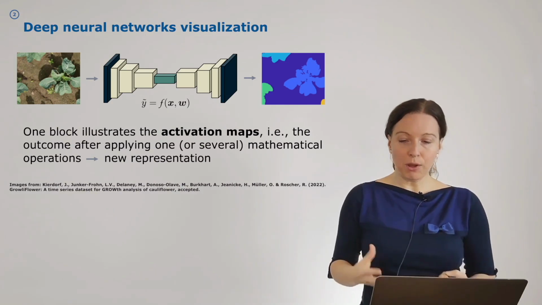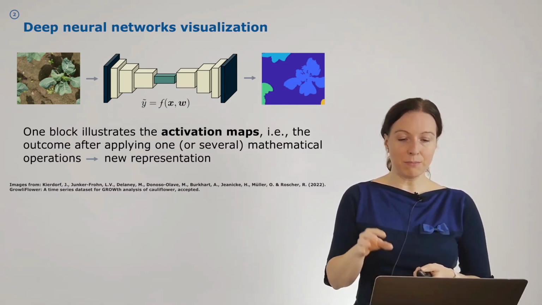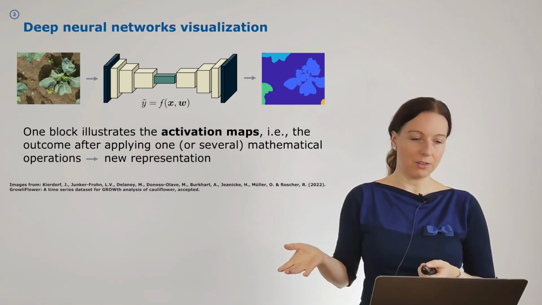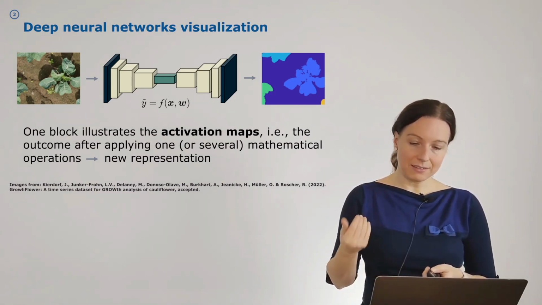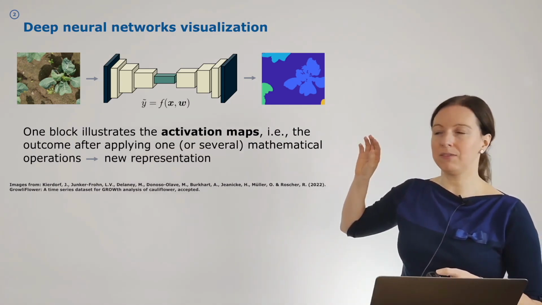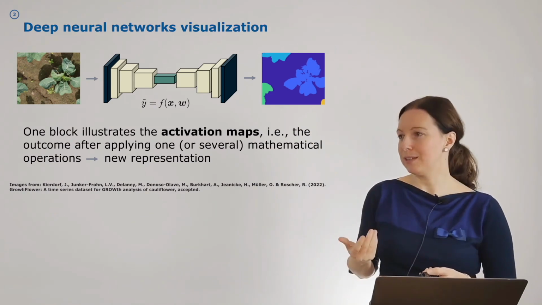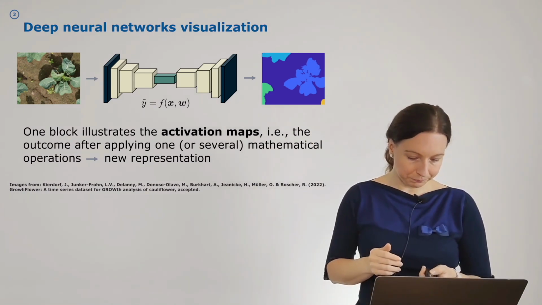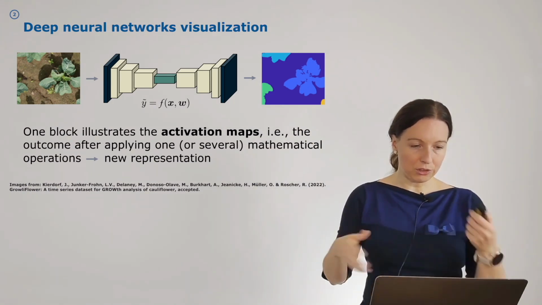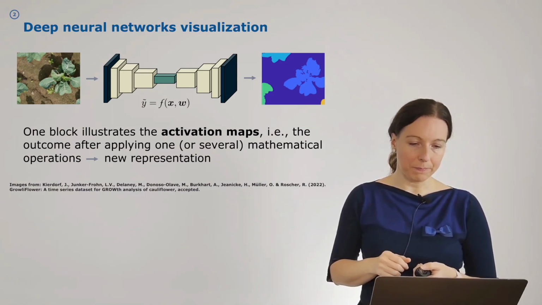These blocks are mostly just referred to as hidden layers, and these activation maps are a new representation of the data. In the best case, this representation is very suitable for the given task, more suitable than the input, which is in our case the RGB image. So you just try to learn a good new representation in a neural network.